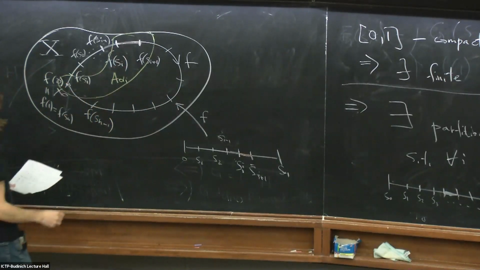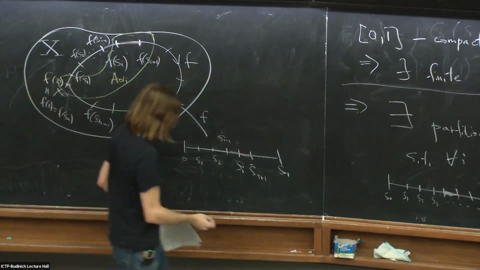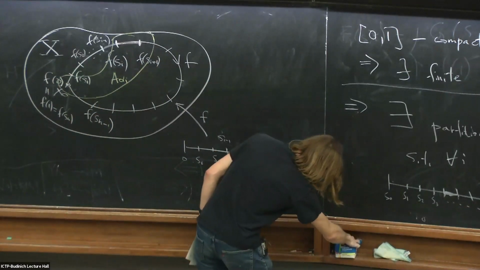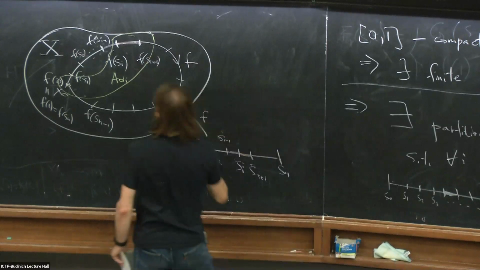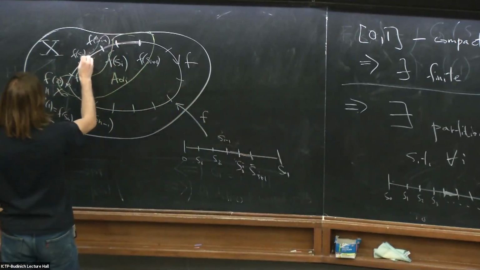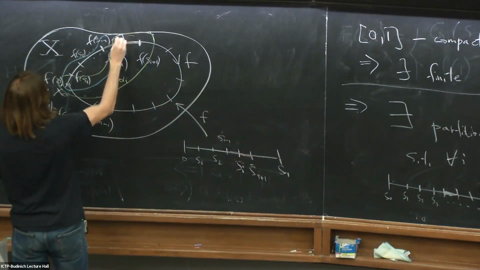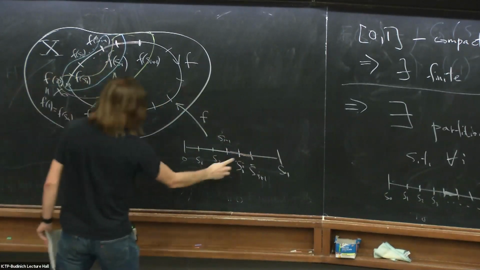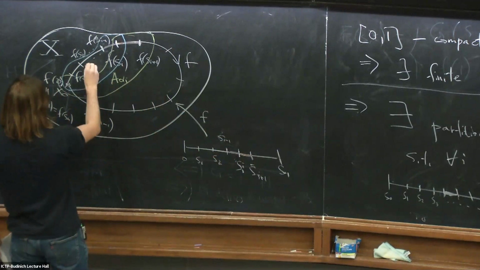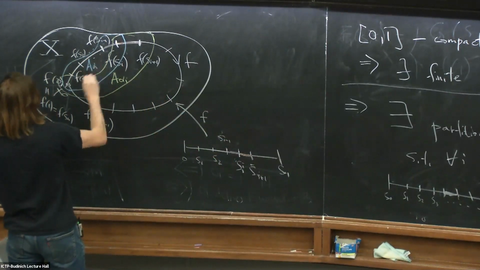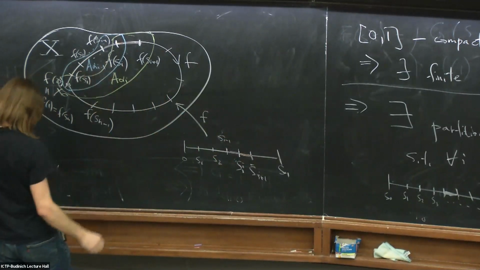And similarly, for the previous interval, there is some other A which contains the base point and the image of the preceding interval. This is A alpha i minus 1.